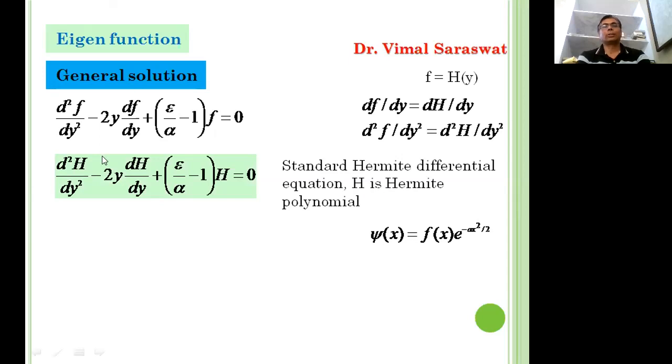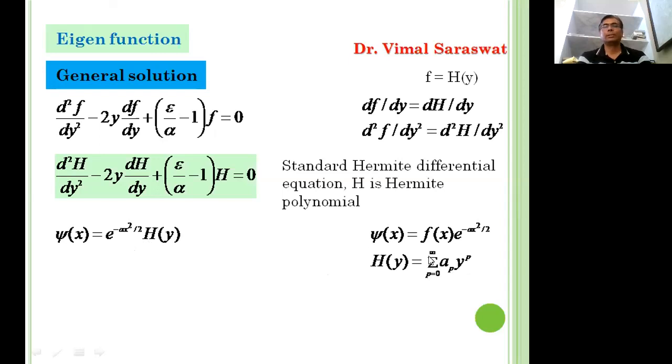Since the solution of the equation is psi is equal to f exponential minus alpha x square by 2, the solution of our equation is psi is equal to exponential minus alpha x square by 2 h of y. The Hermite polynomial is given by h of y is equal to sigma p a p y raised to p.